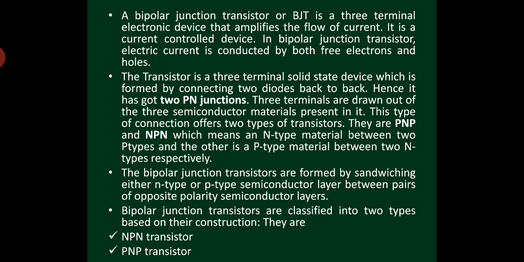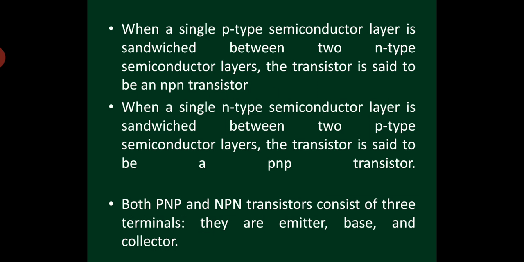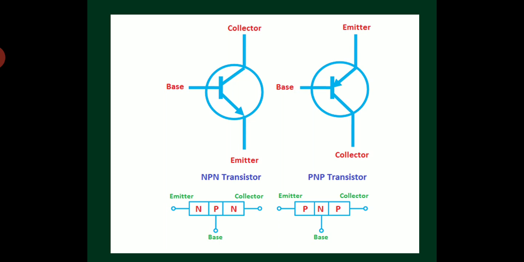Both NPN and PNP transistors consist of three terminals: emitter, base and collector, right? This is the schematic and symbols of NPN and PNP transistors. Let us take the schematic shown below on your screen.